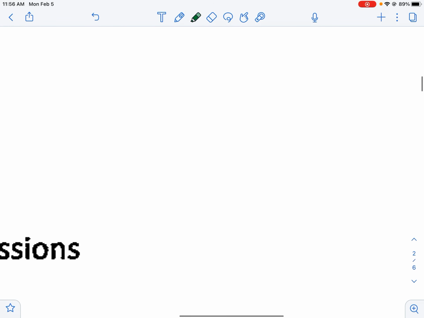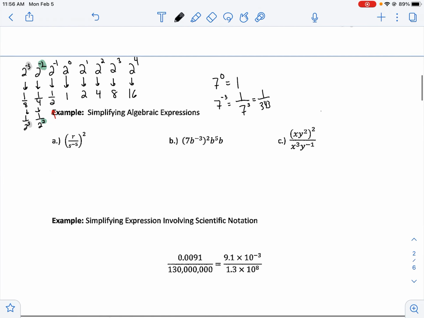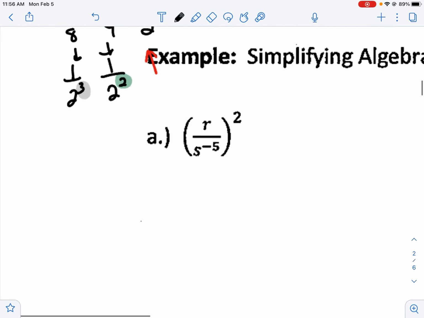So that's why 7 to the 0 power would be 1, because anything to the 0 power is 1. And 7 to the negative 3 power would be 1 over 7 cubed, which would become 1 over 7 times 7, which is 49, times 7 is 343. I just came up with 2 examples really quick there. All right, let's go ahead and finish this.